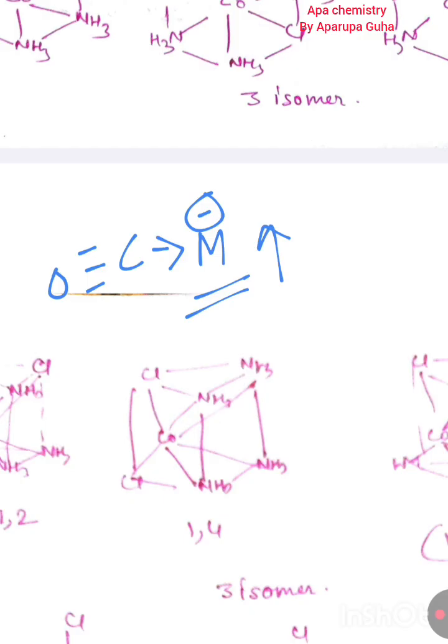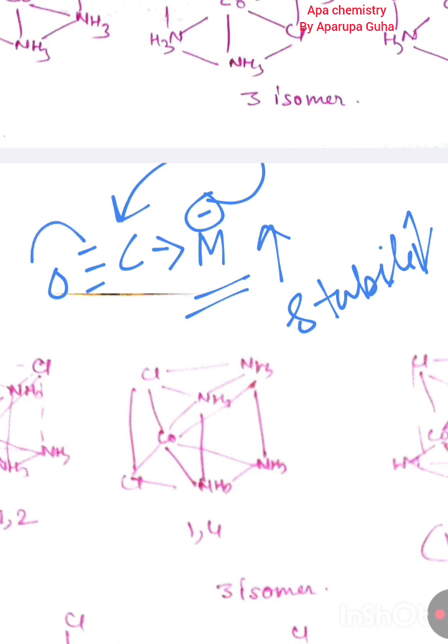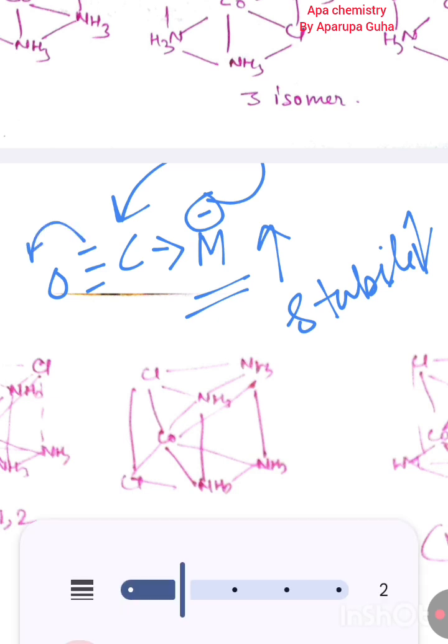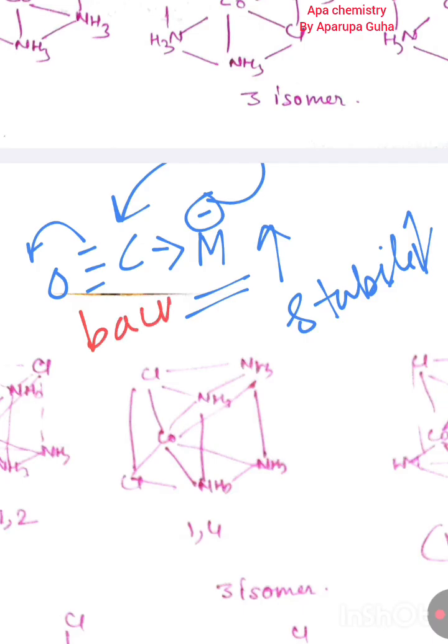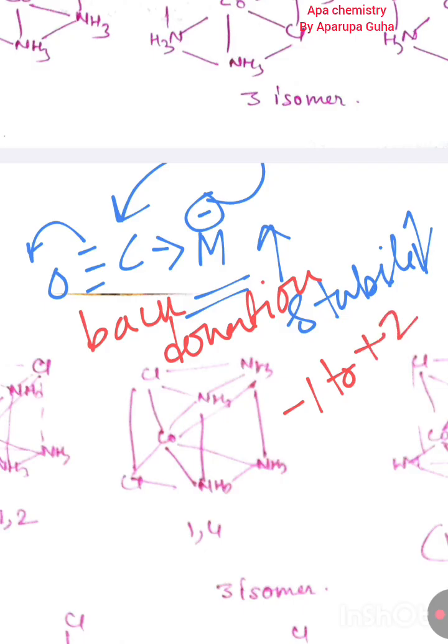When metal has high electron density, the stability also decreases. Okay, so in that case this electron density is also back donated. This is called back donation. Okay, and back donation is only possible when the oxidation state is -1 to +2. Okay, in that case back donation can be there.